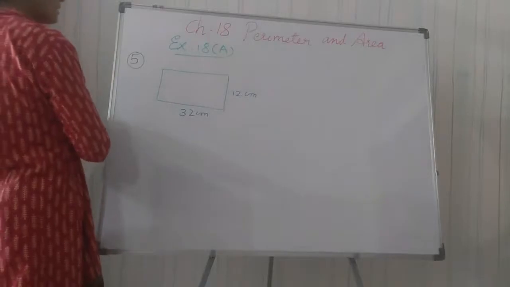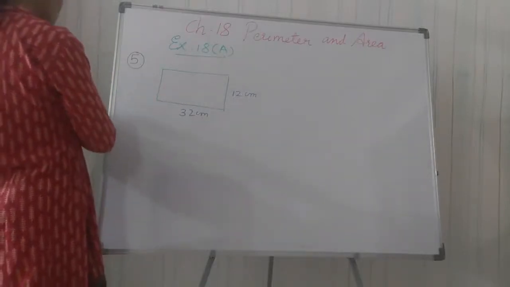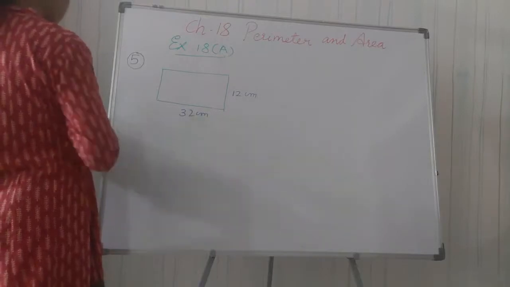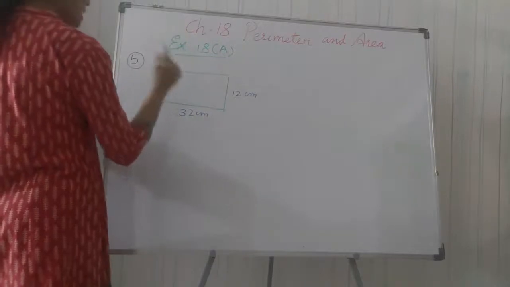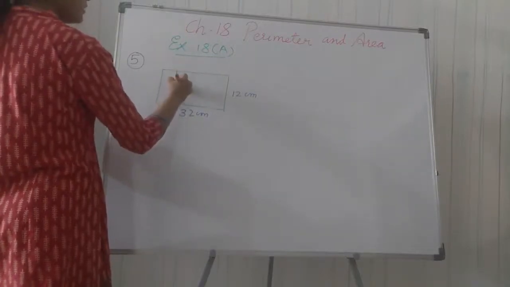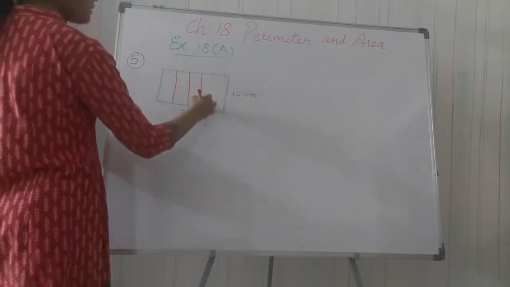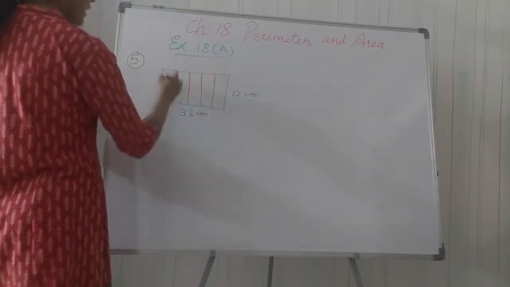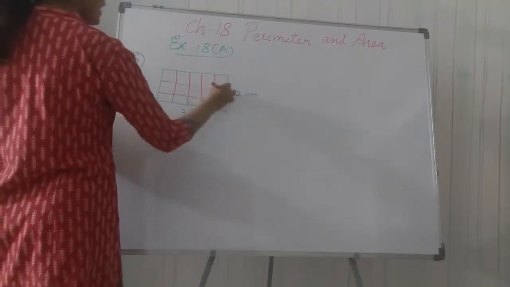Now students, this plate is going to be cut into small squares of 4 centimeter each. So here you see, like this, this way we make the squares, and like this, so they will be the squares here.